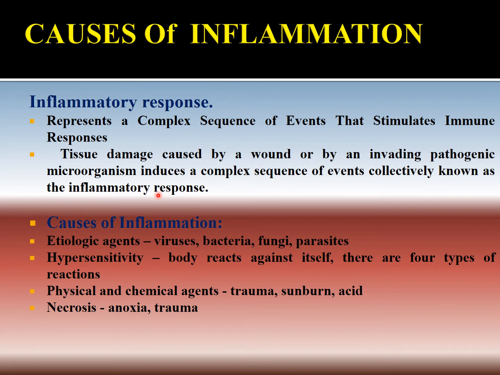What are the main causes of inflammation? There are many factors such as etiological agents, for example virus, bacteria, fungi, and parasite. Second, the hypersensitivity reaction, when the body reacts against itself; there are four types of reaction.